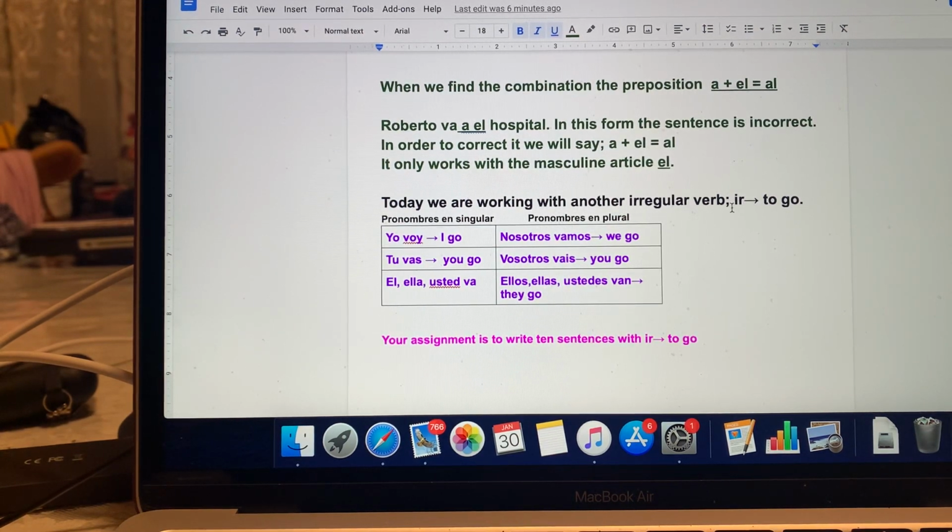Remember, we are working with the verb ir. That's the name in the infinitive, okay? Means to go. Now, yo voy, tú vas, él, ella, usted va, nosotros vamos, vosotros vais, ellos, ellas, ustedes van.